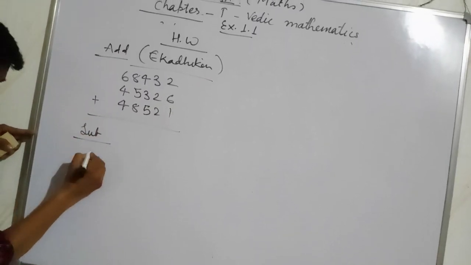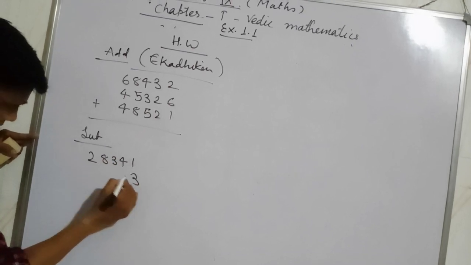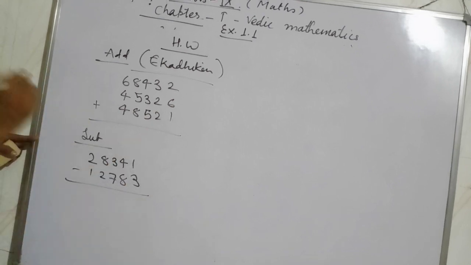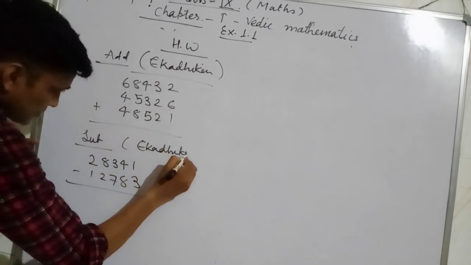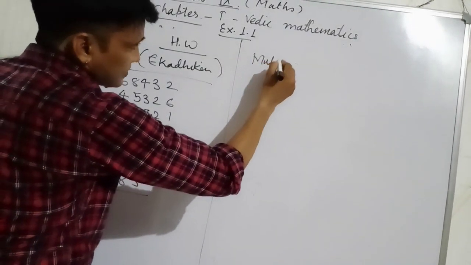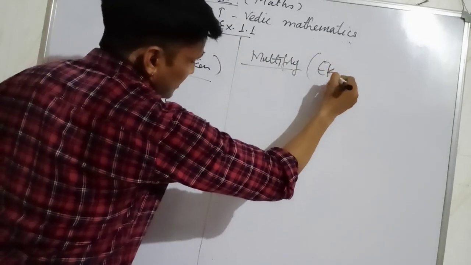Subtraction, 2, 8, 3, 4, 1, 3, 8, 7, 2, 1 by Ekadhikena. Multiply by the Ekadhikena method.